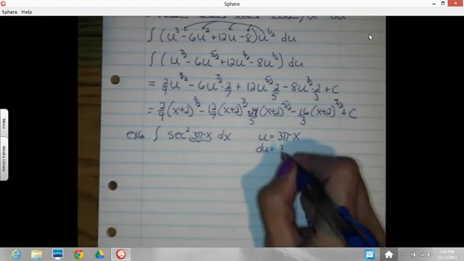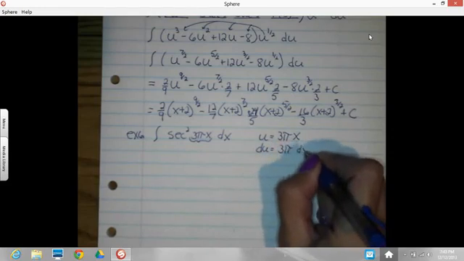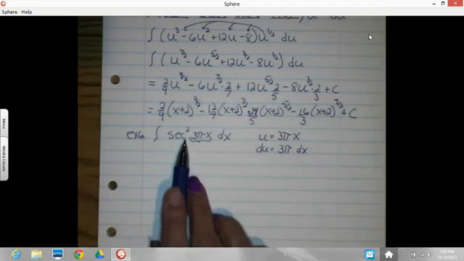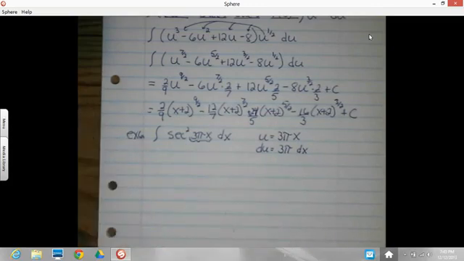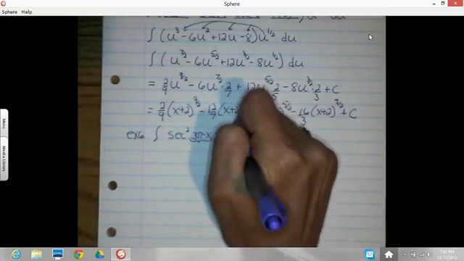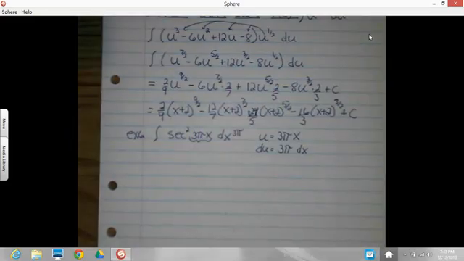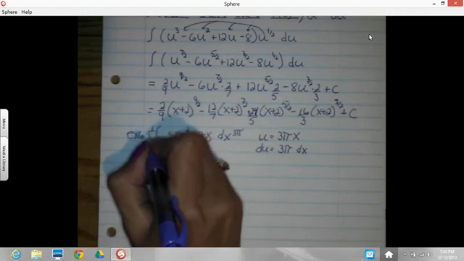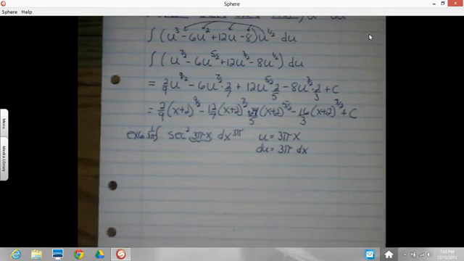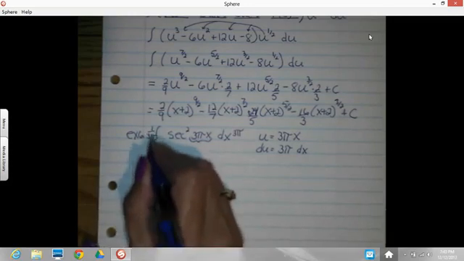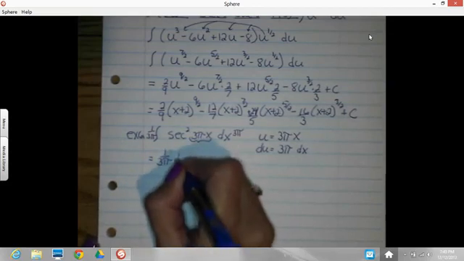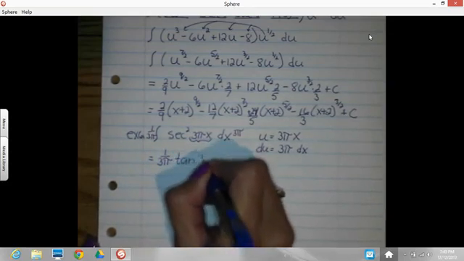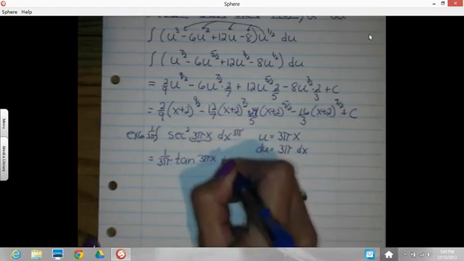So before I can integrate this to tangent, I need a 3 pi attached to the dx. So I put the 3 pi here. But I can multiply by 1, so I put a 1 over 3 pi out here to actually hit the integral with a 1. So now, when I integrate, the 1 over 3 pi carries, and then tangent of 3 pi x is the antiderivative. Because when I take the derivative of tangent of this, I will get this.